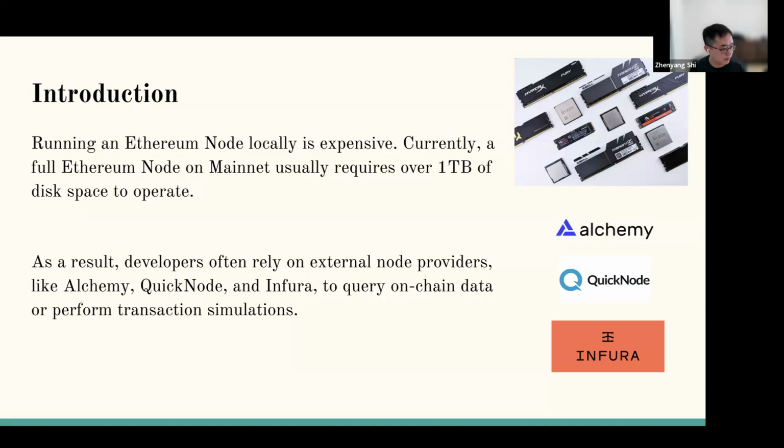For example, someone could build a trading bot, trying to determine the most optimal combination of transactions to maximize profit, which would benefit greatly from a local node setup due to the low latency nature.